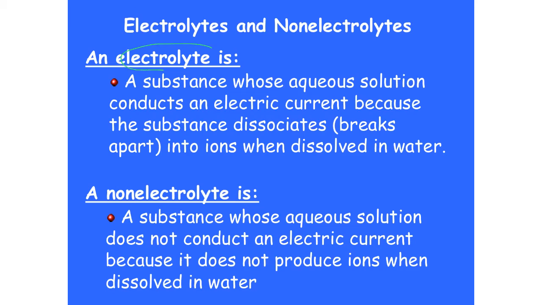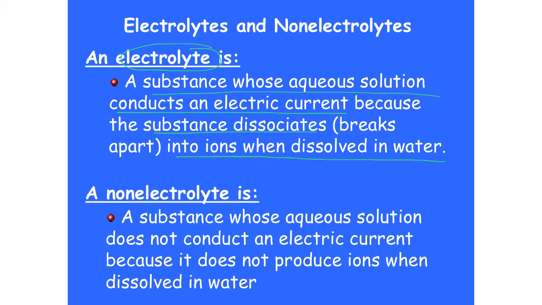So an electrolyte is a substance whose aqueous solution will conduct an electric current. So once it's dissolved in water, it will conduct electricity because the substance dissociates into positive and negative ions when it's dissolved in water. So it's those ions that are capable of carrying the electric current.